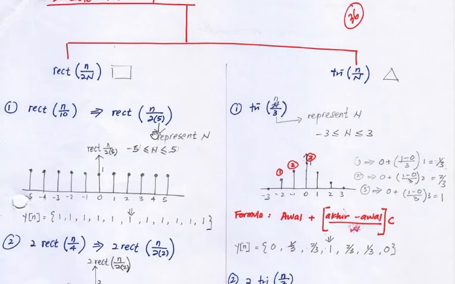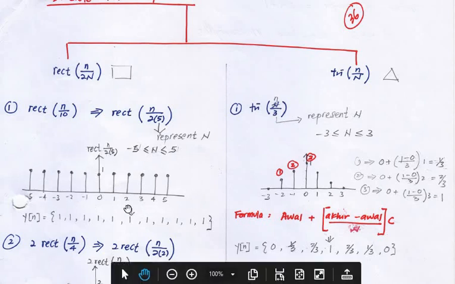What is the impact of this on the figure? This means that this 5 here goes from negative 5 to positive 5. If you draw it in a graph, it starts from negative 5 to 5.